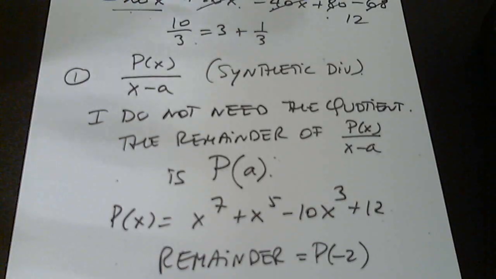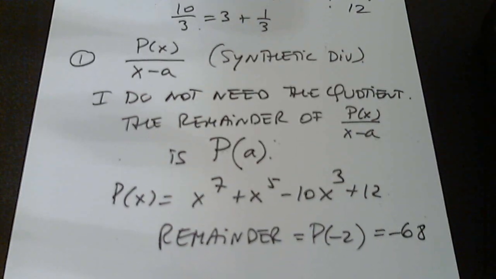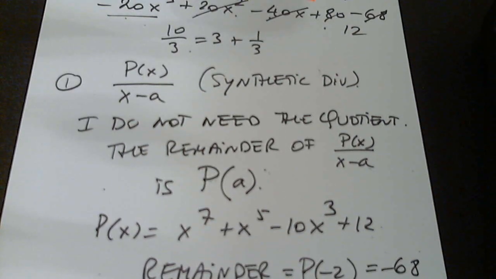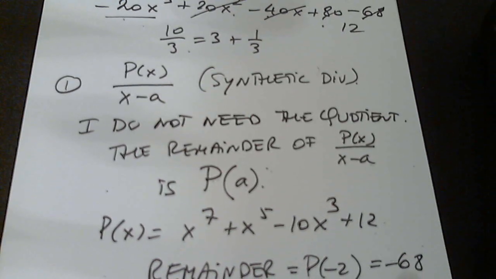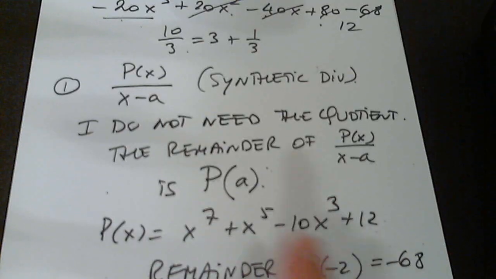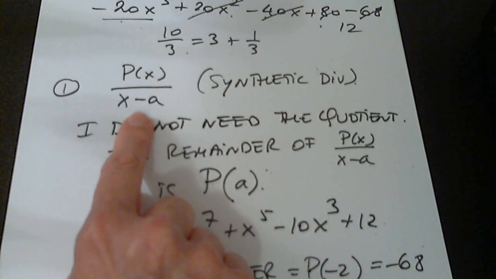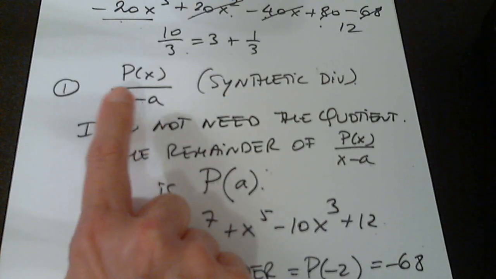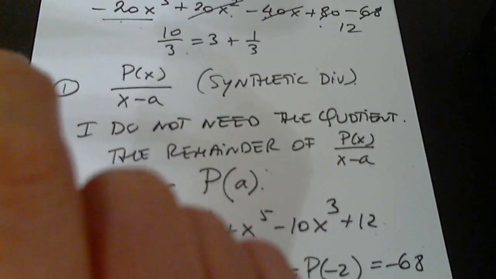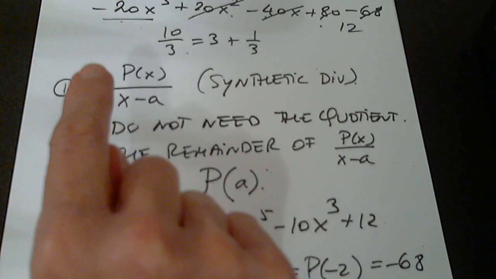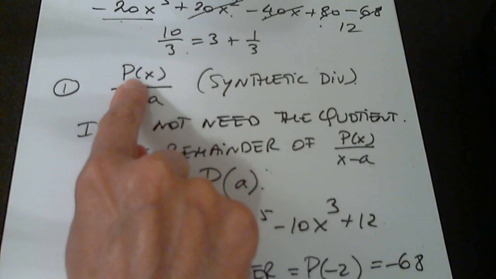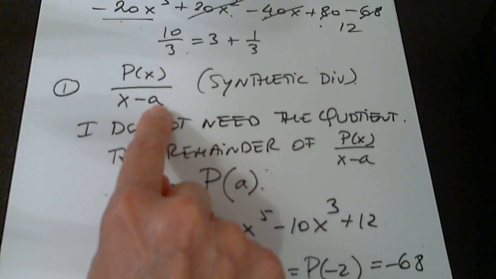So, indeed, -68. So this is something called the remainder theorem. The remainder theorem says that the remainder of this division, if I divide by x minus a number or x plus a number, is the polynomial evaluated when x is a.